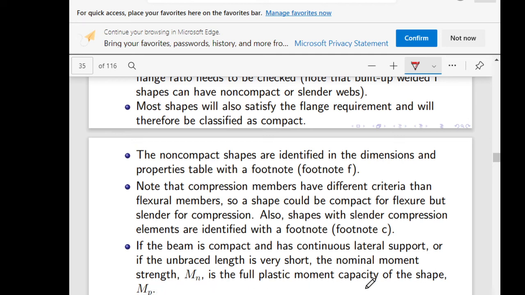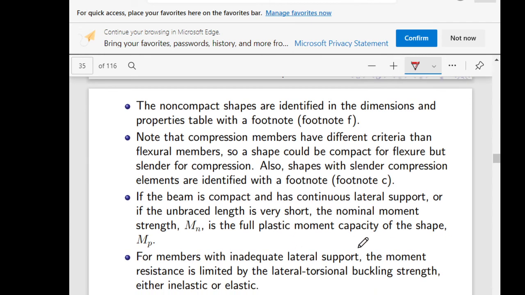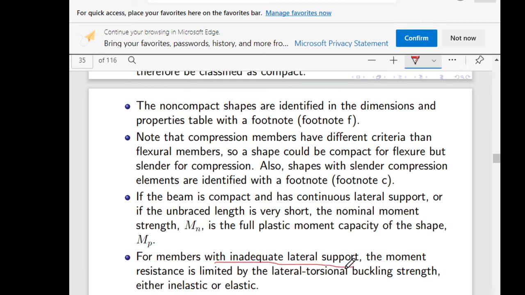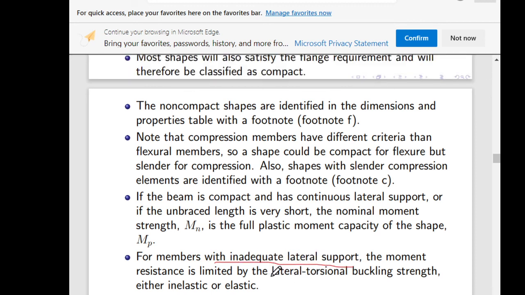For members with inadequate lateral support, the moment resistance is limited by the lateral torsional buckling, either inelastic or elastic.